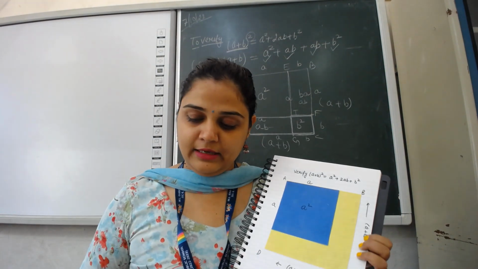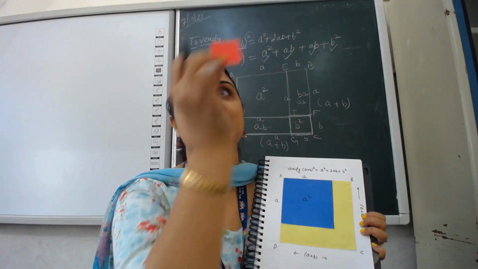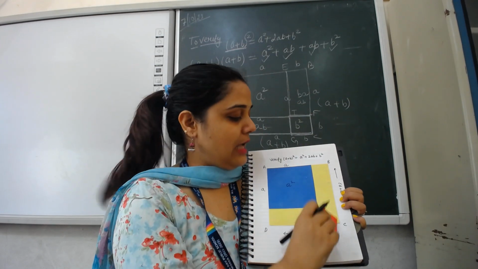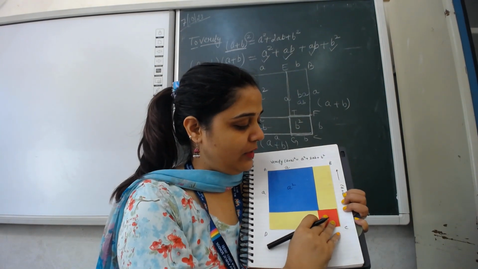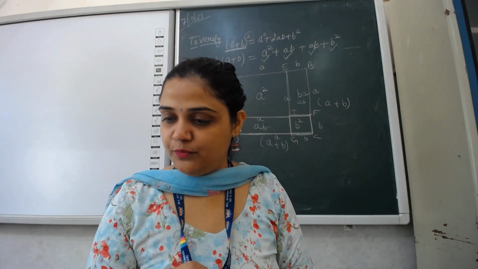Now I am taking another one, the smaller one. This is 4.5 centimeters in size. So this I am going to paste over there. It will represent B square. Alright, so just doing it for you.